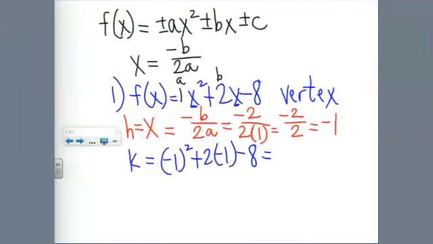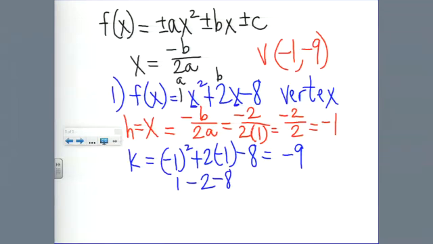So negative 1 squared is a positive 1. A positive 2 times negative 1 will give us negative 2. And when we combine everything with negative 8, we get negative 9 for k. So our vertex is the ordered pair negative 1 and negative 9.